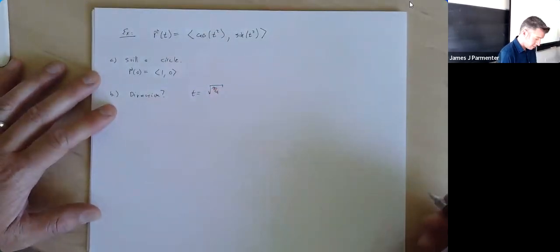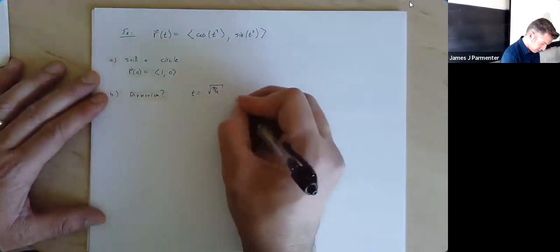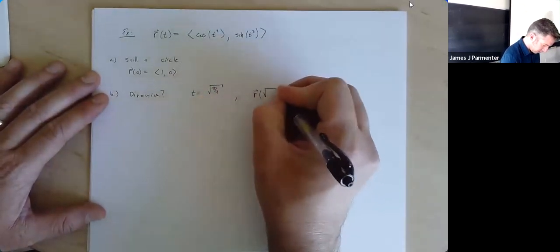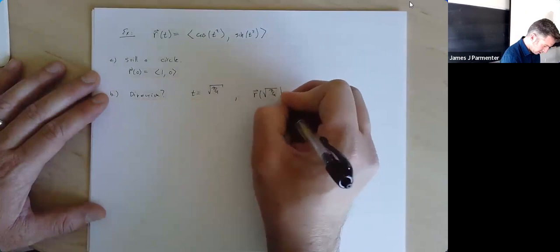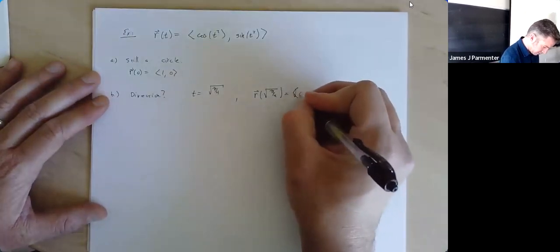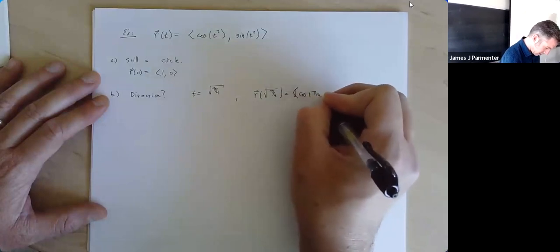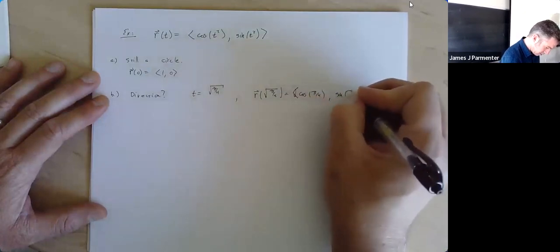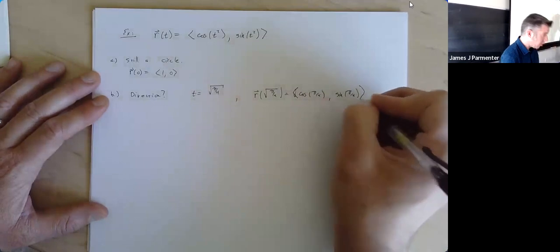At a later time, r of the square root of pi over 4 is going to give me cosine of pi over 4 comma sine of pi over 4, which is certainly ending up in quadrant 1.